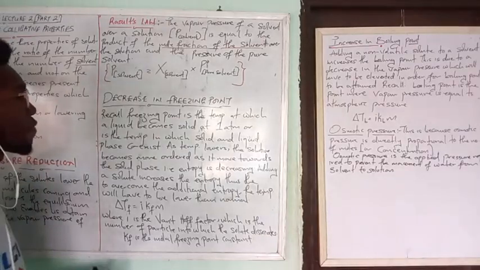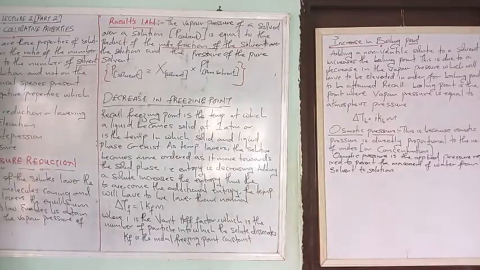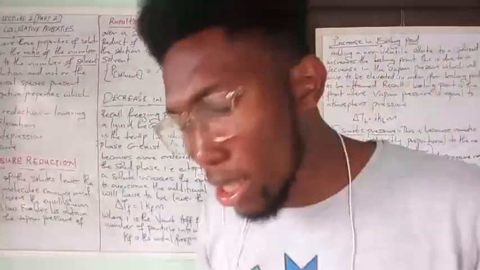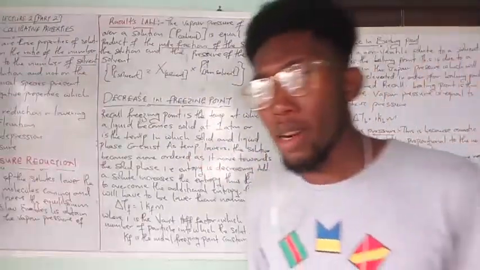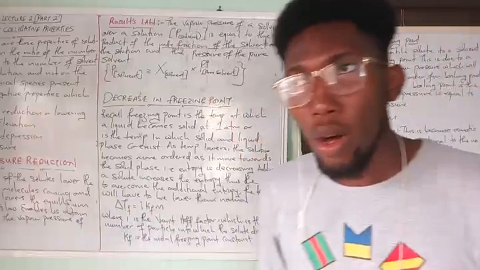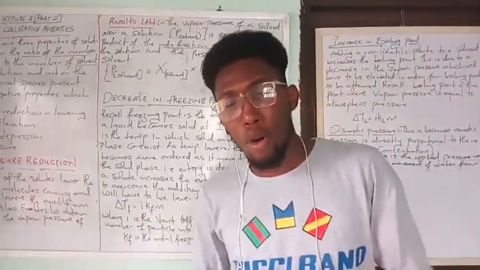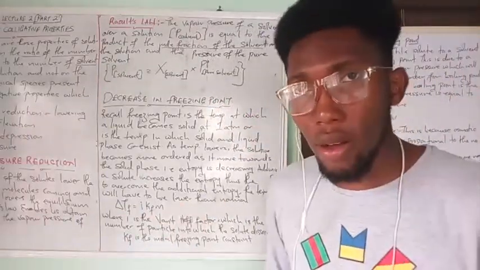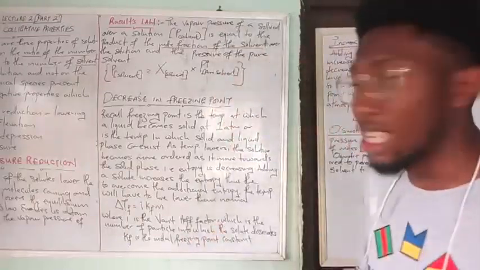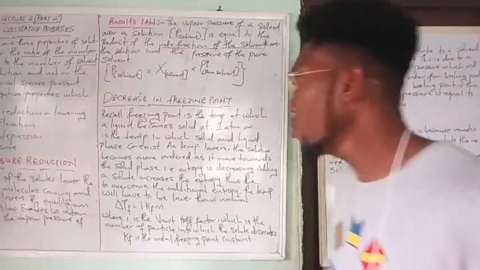Now, decrease in freezing point. What I want you to understand first is what freezing is. In our phase diagram, we know that freezing just has to do with the transition of a liquid phase of matter into a solid state of matter, and the reverse is called melting.